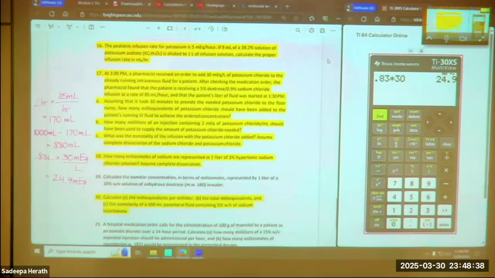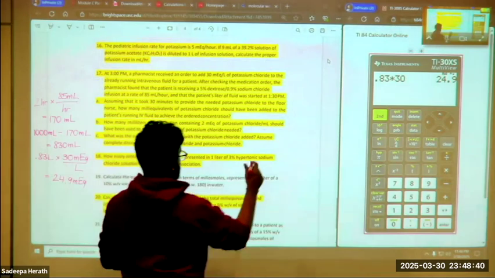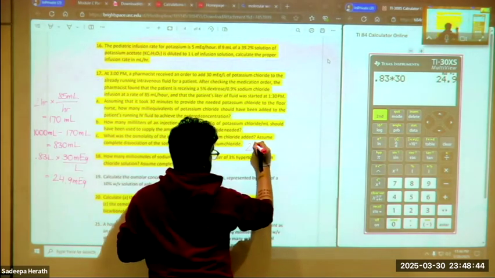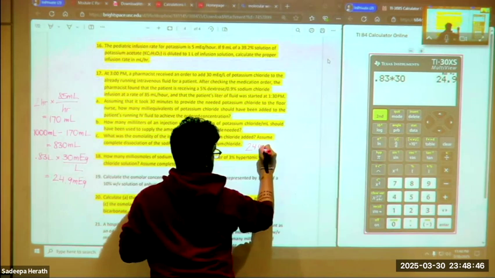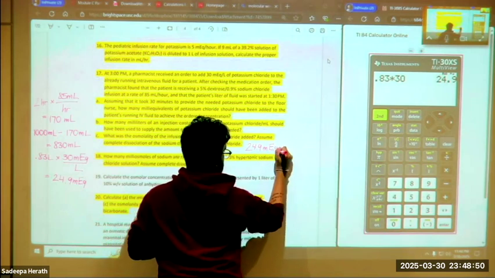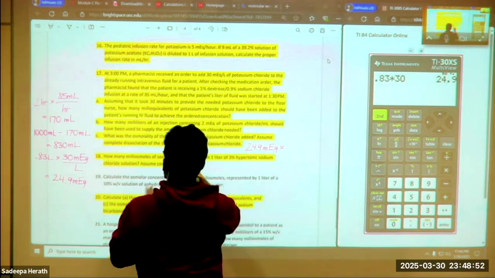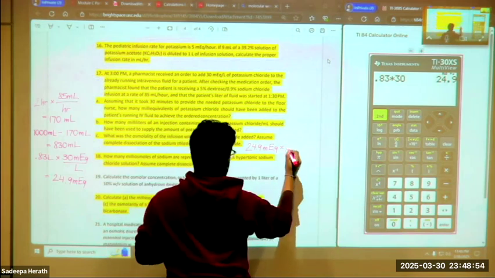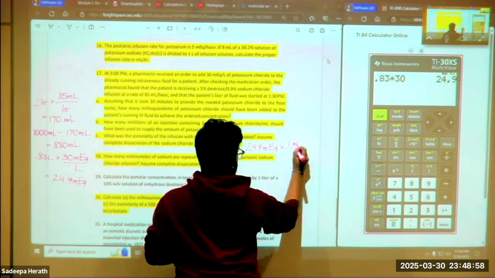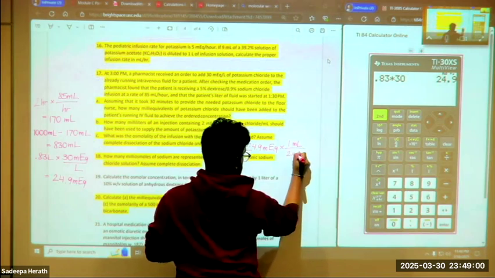That's why we use the 2 MEQ potassium chloride per ml, so we can find out how many milliliters that is. So for B, write it over here, we have 24.9 MEQ times, for every ml, there is 2 MEQ.